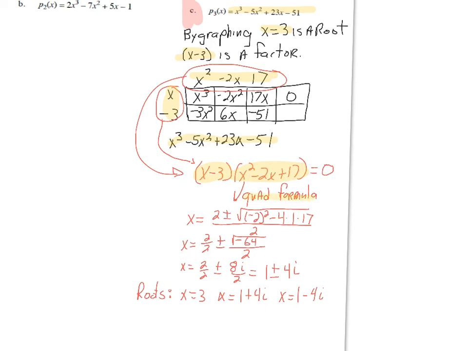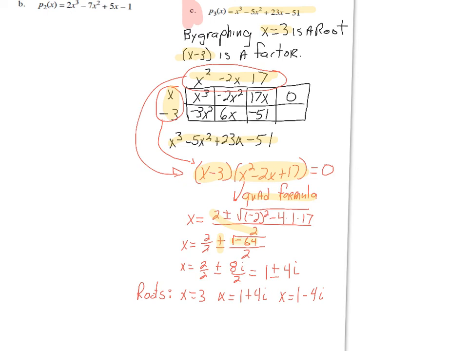So I'm going to take 2 plus or minus the square root of a negative 2 squared minus 4 times 1 times 17, and then the square root of all of that. Everything's over 2. Take 2 divided by 2 plus or minus the square root of a negative 64 over 2.